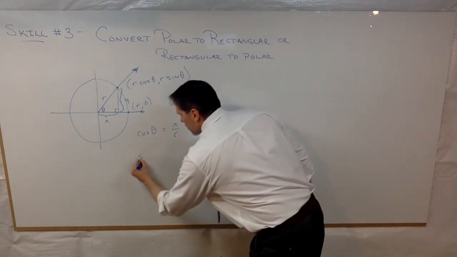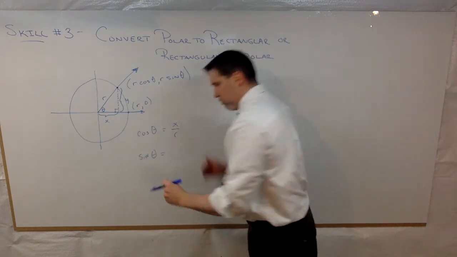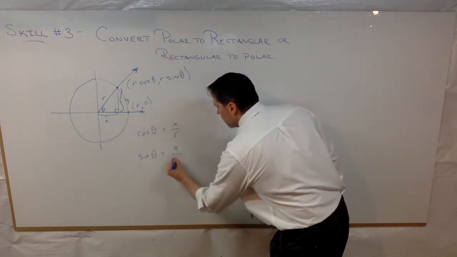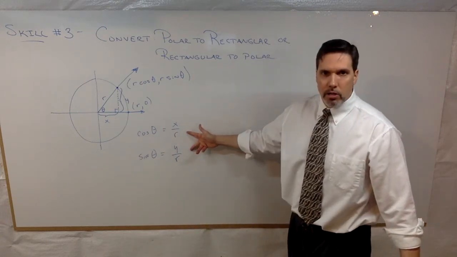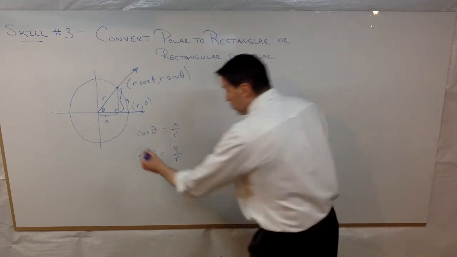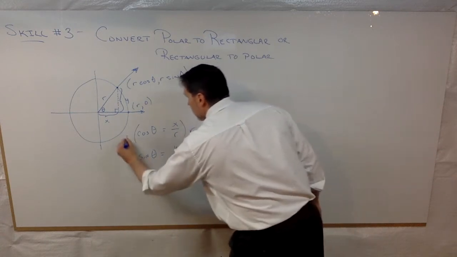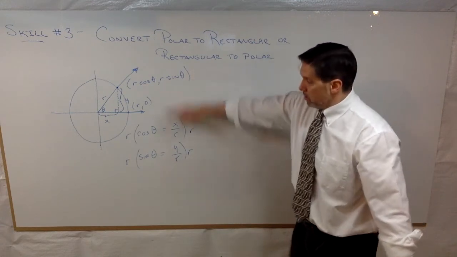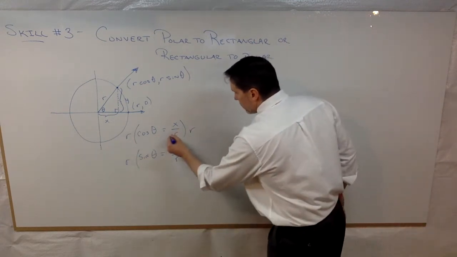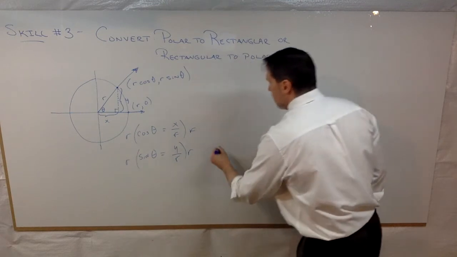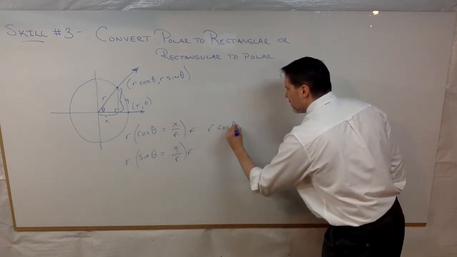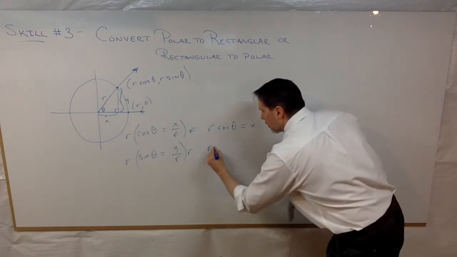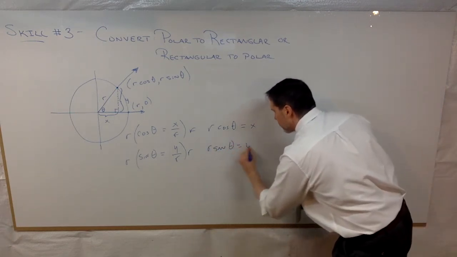And sine of theta is opposite over hypotenuse, that would be y over r. Simply taking these two equations and multiplying both sides by r, the r's cancel, and we get r cosine of theta is actually the x-coordinate, and r sine of theta is actually the y-coordinate.